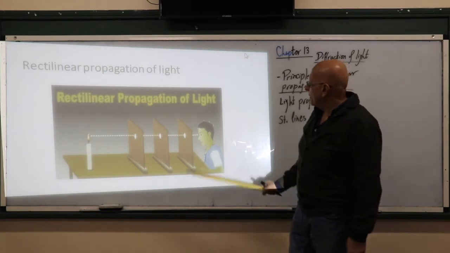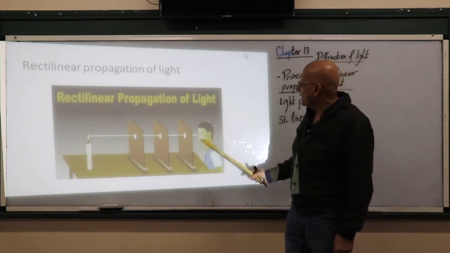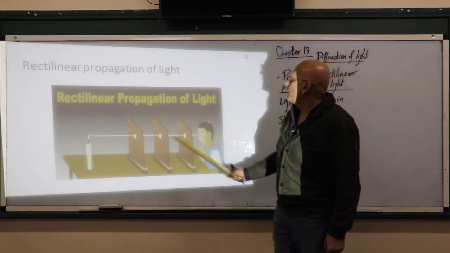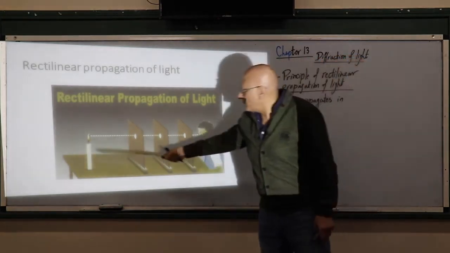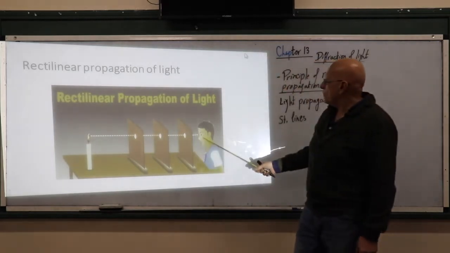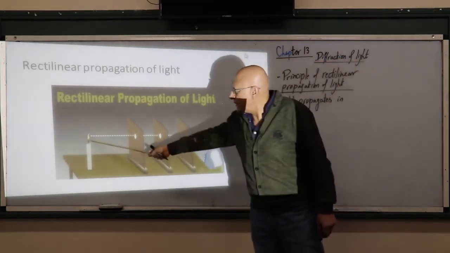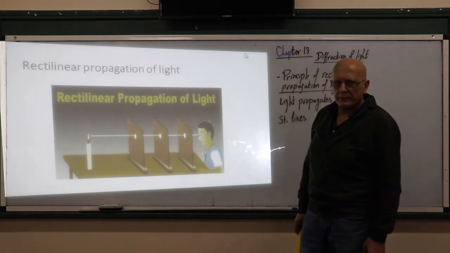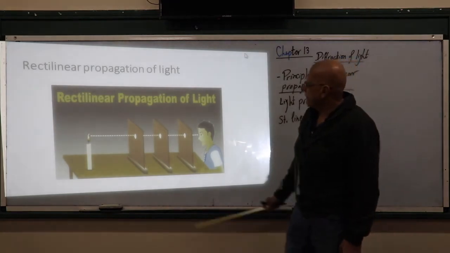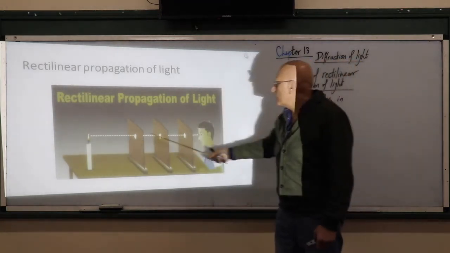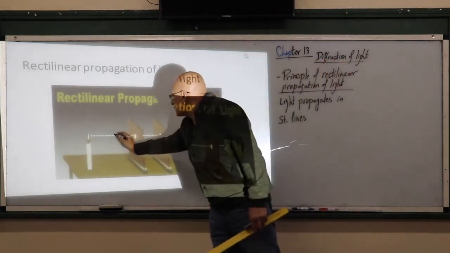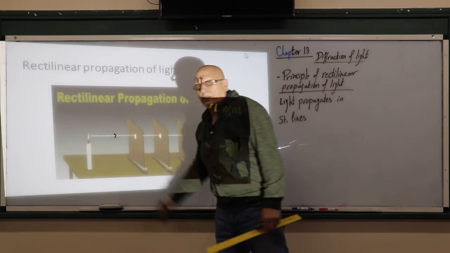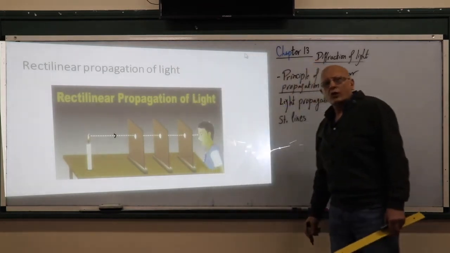If one of these 5 objects is shifted, then the boy will not be able to see the candle flame. This means that light propagates along a straight line. And this direction of propagation of light is called a ray.